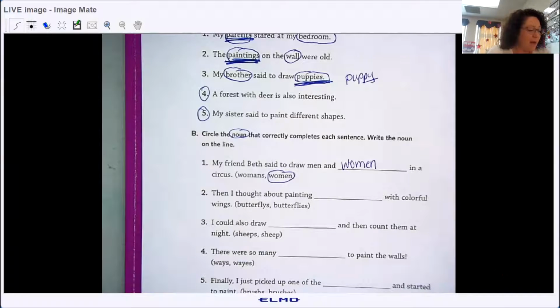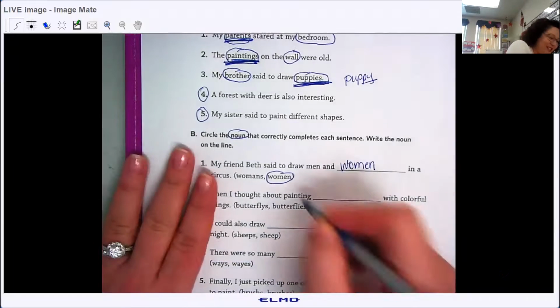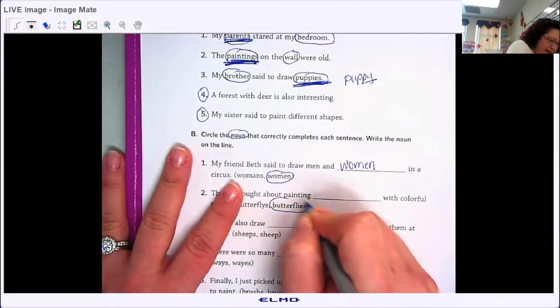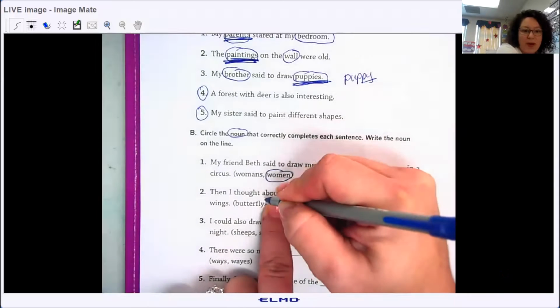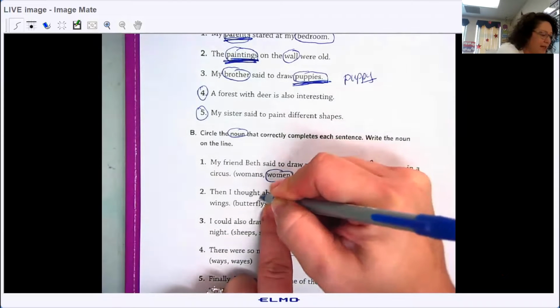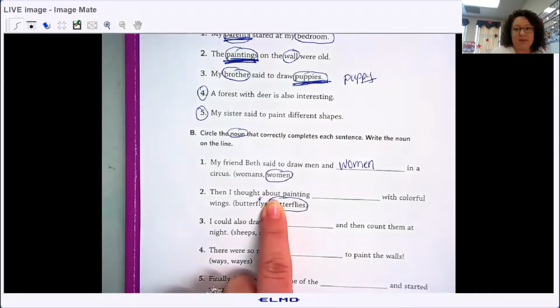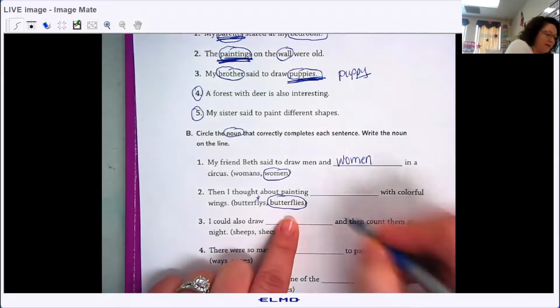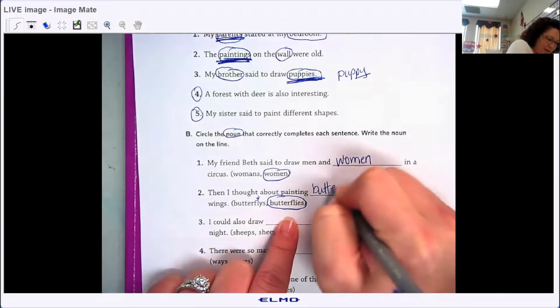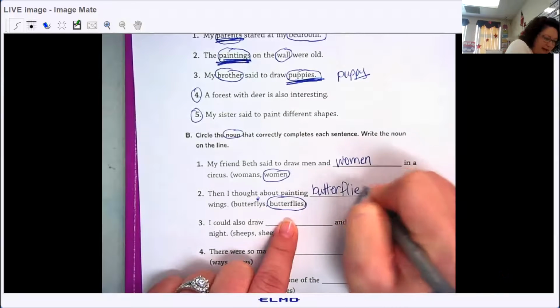Then I thought about painting butterflies with colorful wings. Which is the correct version of butterflies? Change the Y to an I and add the ES. Why? Because before the letter Y is a consonant. Everything else, A, E, I, O, U are vowels. Everything else is a consonant. Butterflies.